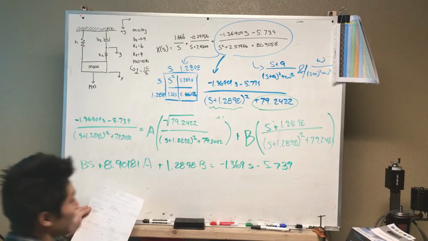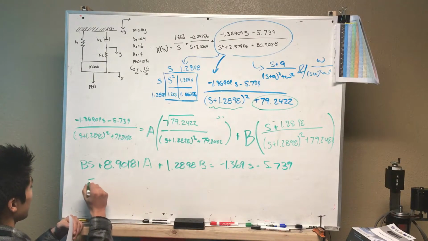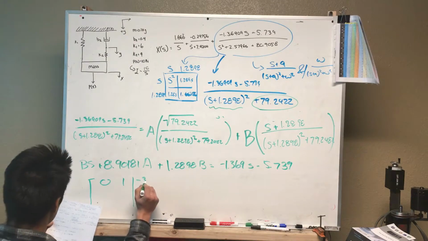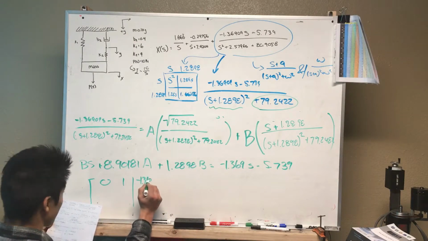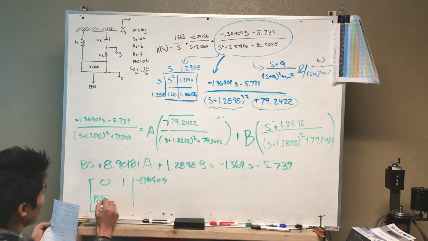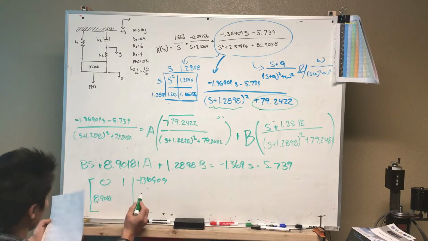And we could put this in a matrix again of a very simple 0, 1, negative 1.36909. And we got 8.90198, blah, blah, blah.